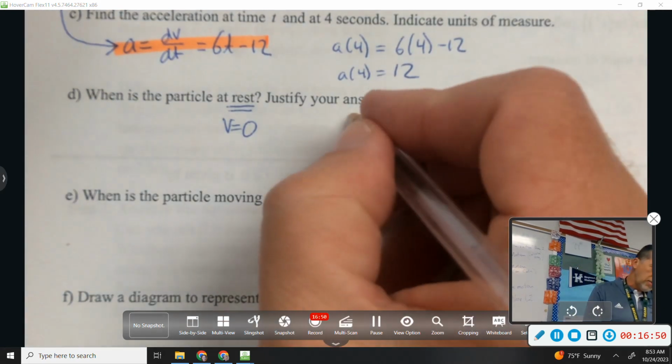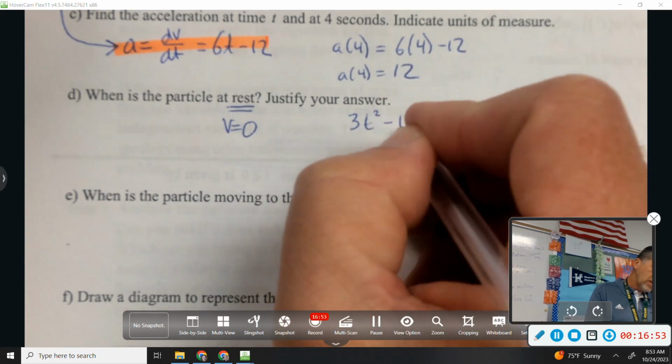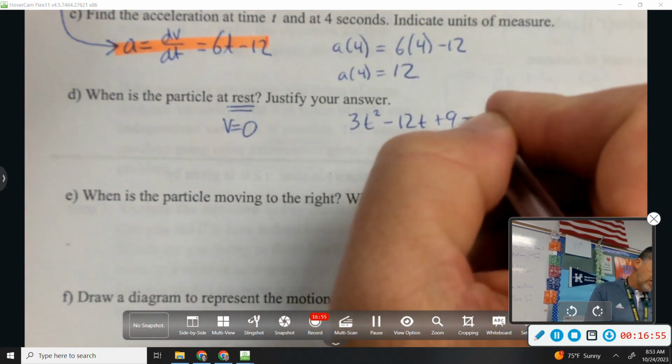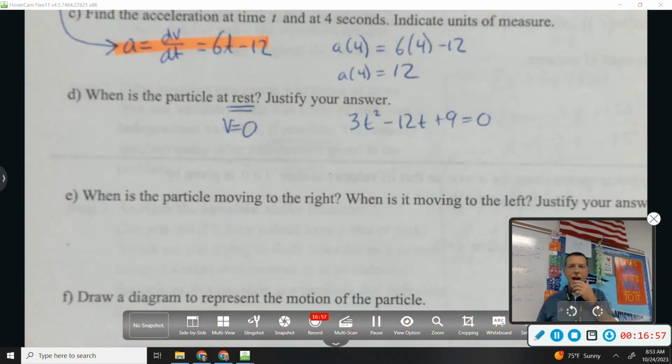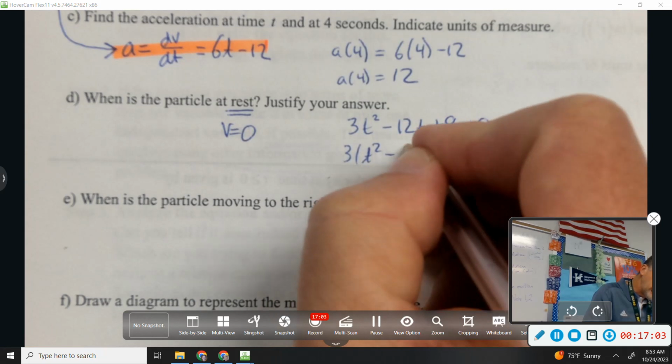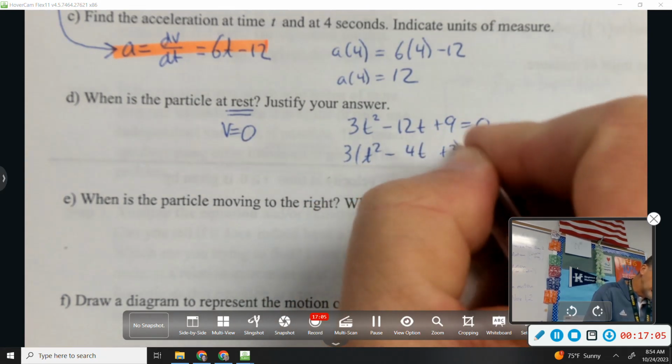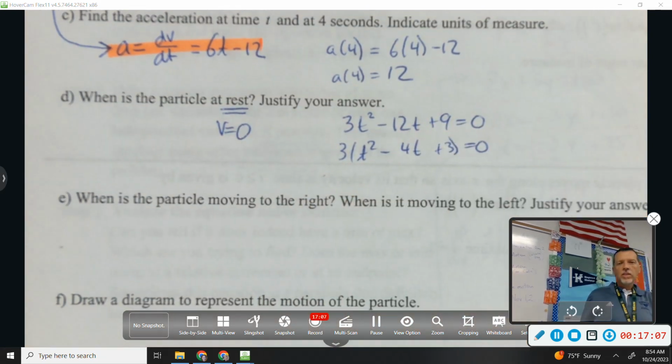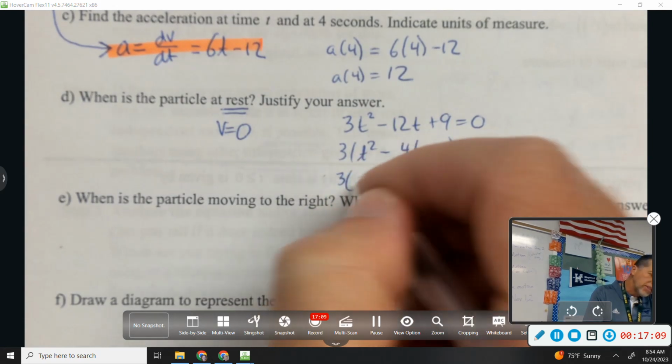So let's grab our velocity equation and set it equal to 0. They were kind to us. They gave us one where the 3 will factor out, and then the leftovers factor pretty easily.